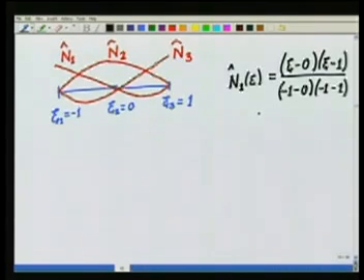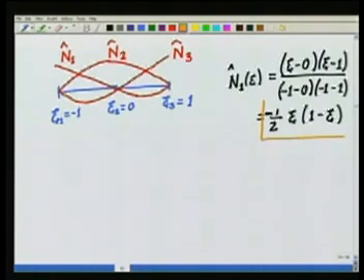So you see this will become equal to, this is minus 2, so it becomes equal to half of psi into psi minus 1, that is, minus half of psi into 1 minus psi. So this is what our definition of N1 hat for p equal to 2 will be.